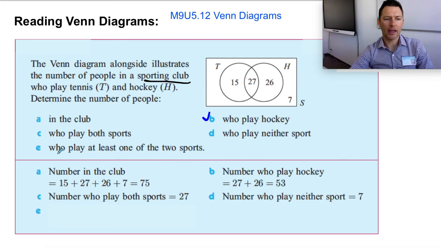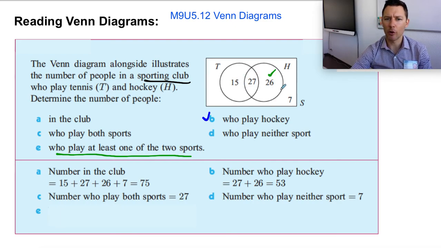Another way. And those who play at least one of the 2 sports, right? Anybody who is a tennis player or a hockey player, no homework for you. Great, no homework for those people. They play hockey. No homework for those people. They play tennis. No homework for them. They play both, right? They play one or the other. So one way to do it is say 15 plus 27 plus 26 is the number of people that play at least one.